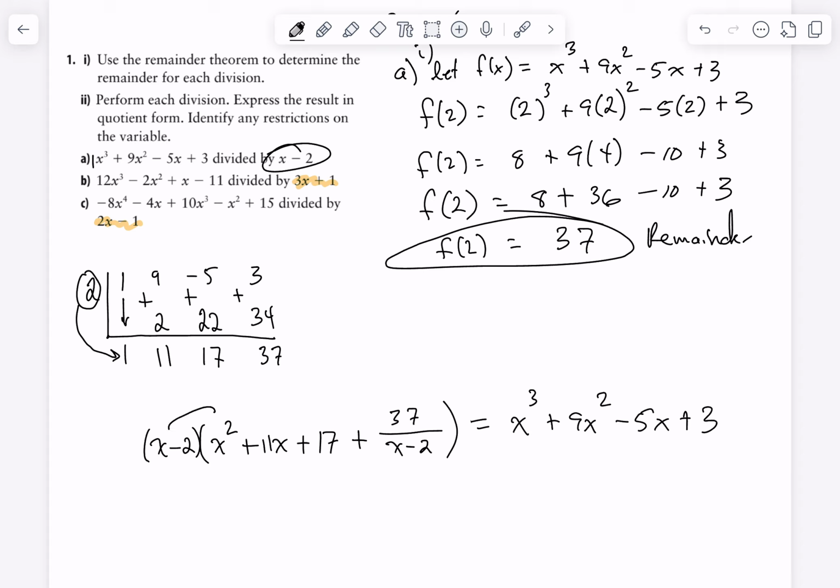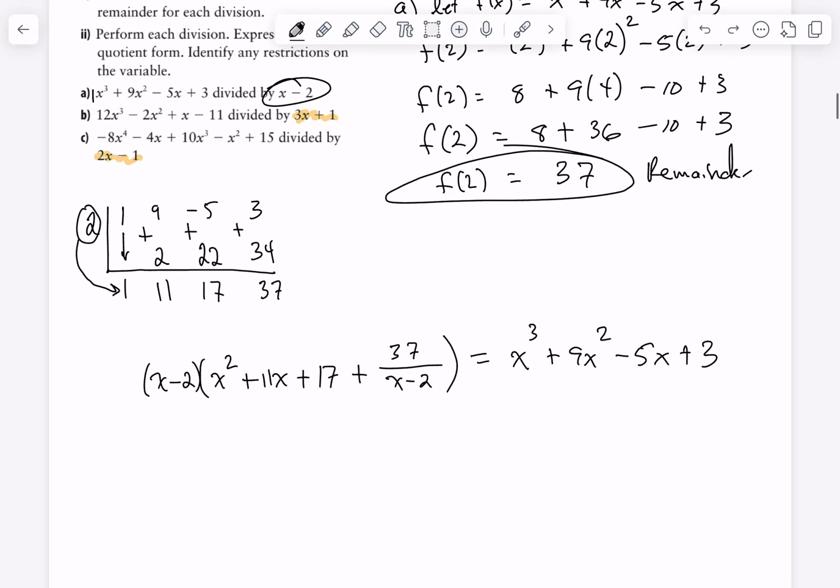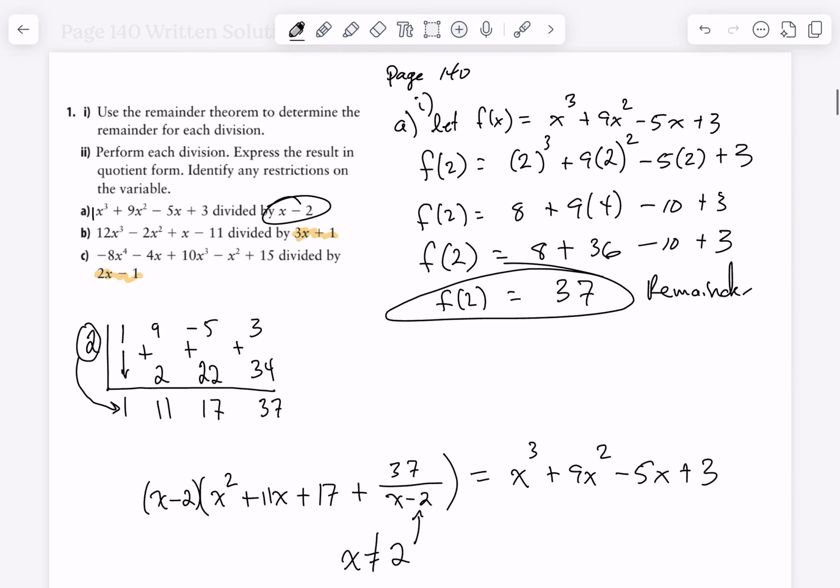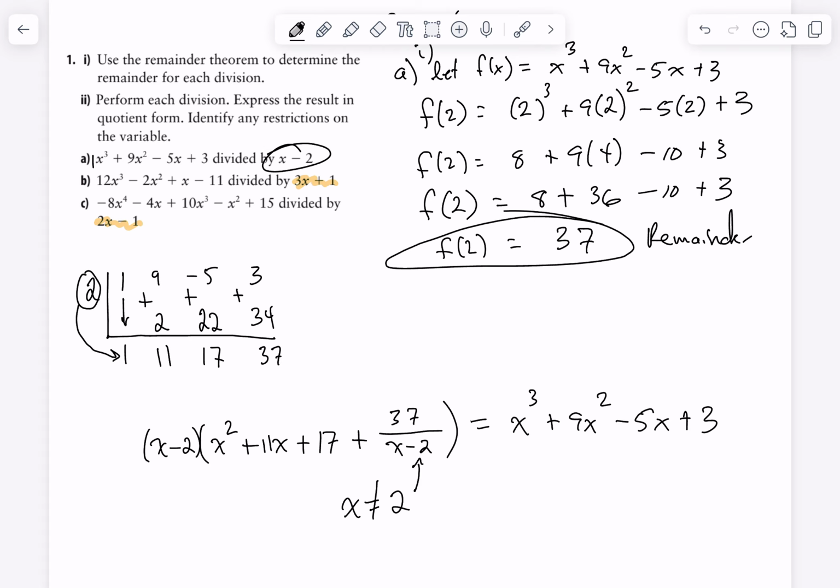If I actually did the multiplication of all the terms, I would get this side back out again. We have one more little piece here: x could not be equal to 2, because then I would get a 0 underneath. So that's pretty much everything that number 1 is asking of us.